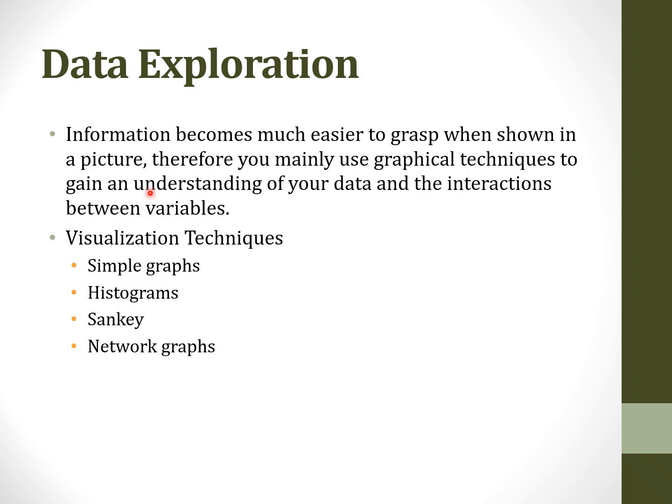As I've told you, rather than seeing the data as values, information becomes much easier to grasp if we can project it as pictures or using graphs. It helps us have easy interaction between the variables. The various visualization techniques available are simple graphs, histogram, Sankey, and network graphs.